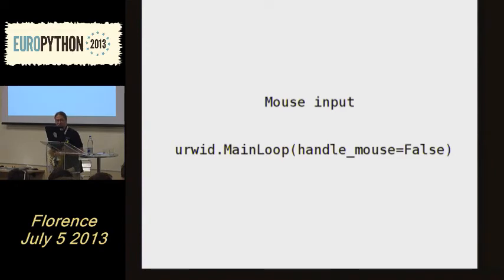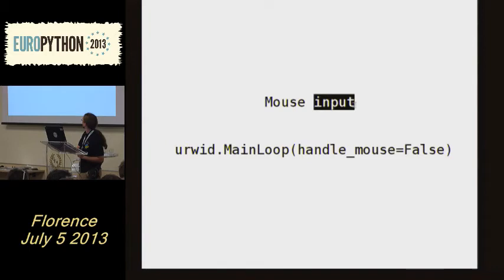The problem with that is if you tell the terminal that you want to get mouse events, then the terminal emulator doesn't get to use them. So here I can select some text and copy it to my system clipboard. But if my program handled mouse input, I wouldn't be able to do that.